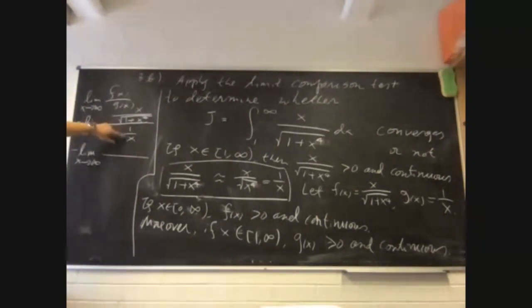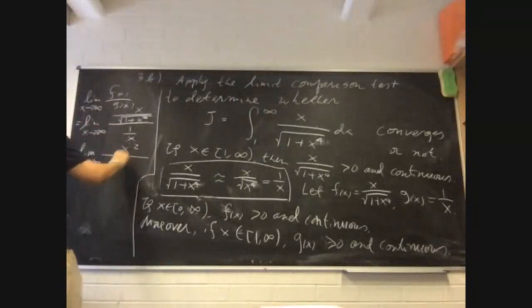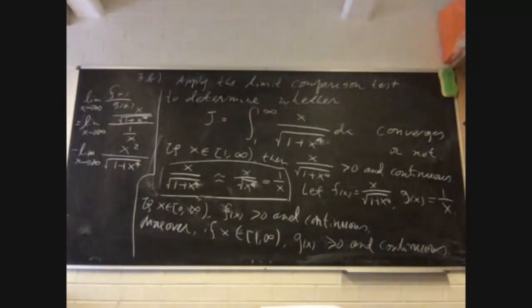So let's move this 1 over x to the top. So x squared over square root of 1 plus x to the 4th. And I want to look at that limit as I take x to infinity. Well, okay. Whenever you see this sort of thing, it's almost a rational function. It's not a rational function because of that square root, but it's almost because you only see powers of x, and that's to the 1/2 power.